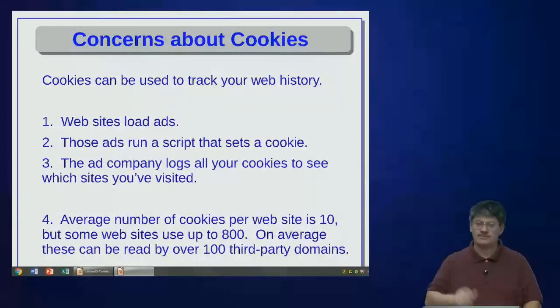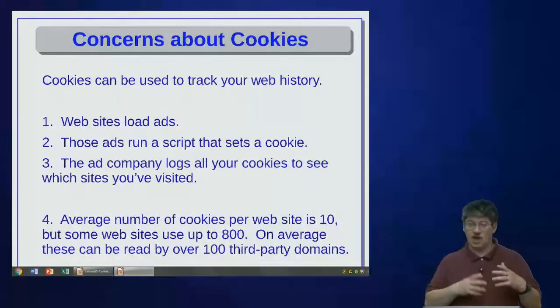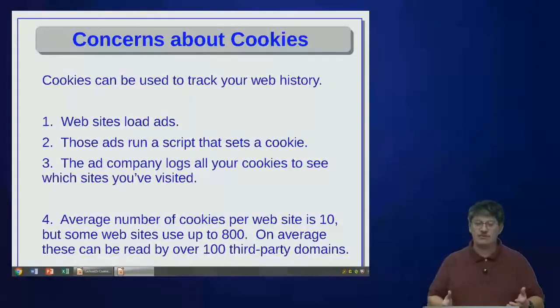You go to a website like Yahoo or something, it could be storing 800 separate cookies. Some of those are configuration settings and login session keys, but a lot of them are just to track you in your purchasing and web behavior. So on average, those cookies can be read by over 100 third-party domains. So a lot of people are getting that information, and they can see what you're doing on the web. So if you don't want people to know what you're doing on the web, you better disable cookies.